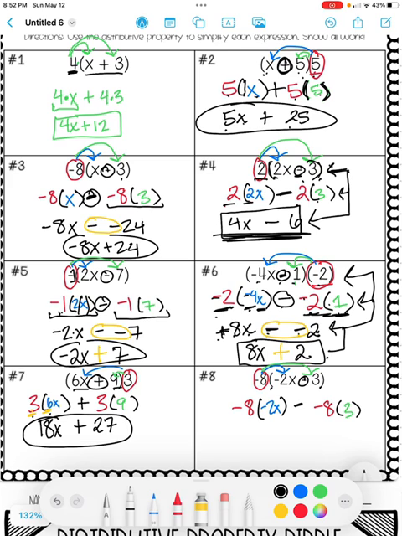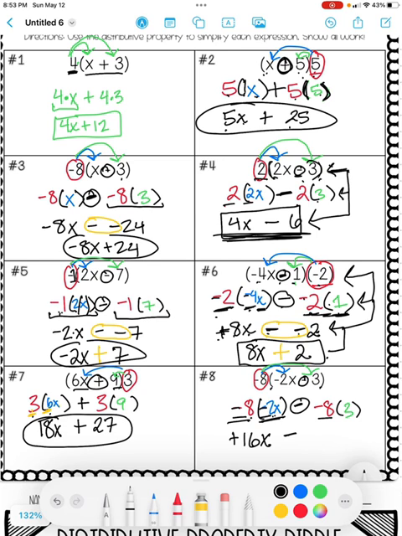Okay, I'm going to have to multiply negative 8 and negative 2x. I'll do negative 8 times negative 2 first. 8 times 2 is 16. Negative times negative makes this positive, and we still have the x there. So negative 8 times negative 2x is positive 16x's. And then I still have this minus sign.